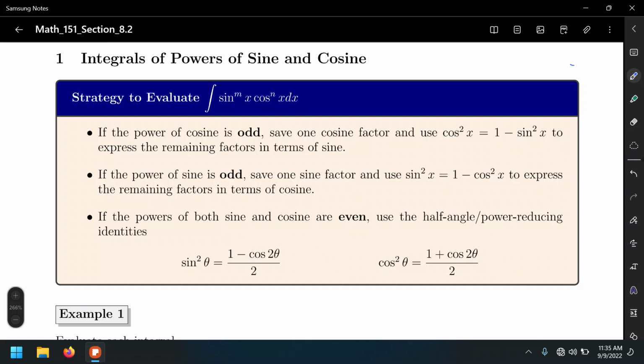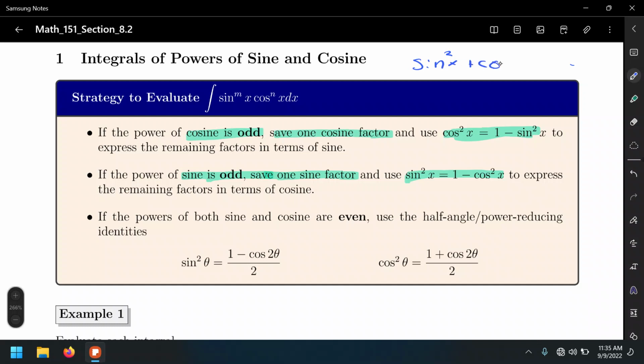Whenever the power of cosine is odd, save one cosine factor and use this trigonometric identity. On the other hand, if the power of sine is odd, save one sine factor and use the trigonometric identity the other way around. Where is this trigonometric identity coming from? This one is one that you sure know by heart.